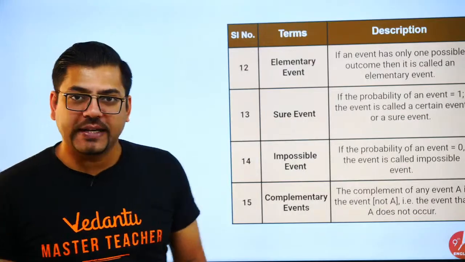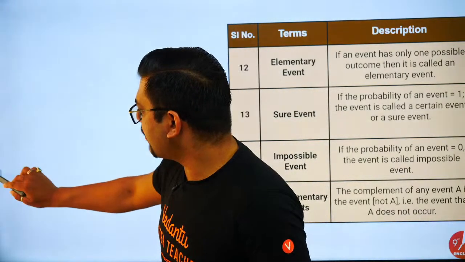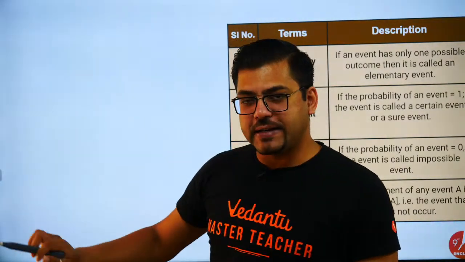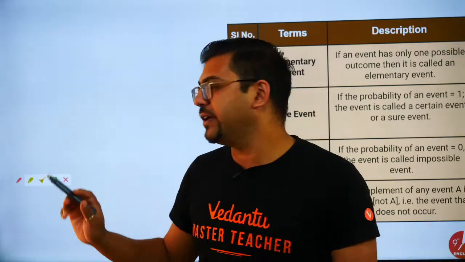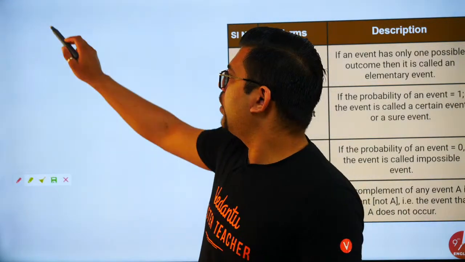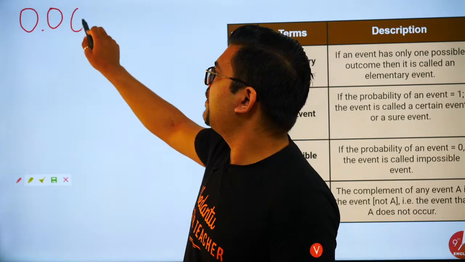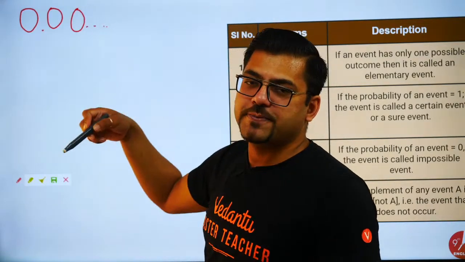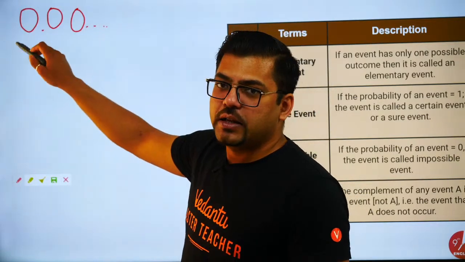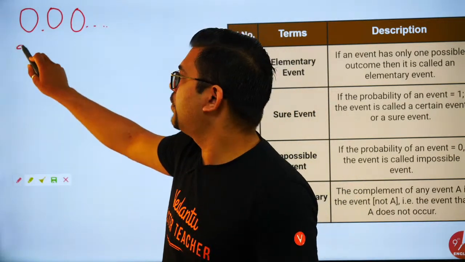But before closing, let me tell you which things are important in this chapter. Everyone, please write it down somewhere in your copy separately. You have to take care of the coin problem. Many times the coin problem may come, like how many coins. Always remember each coin has 2 outcomes.